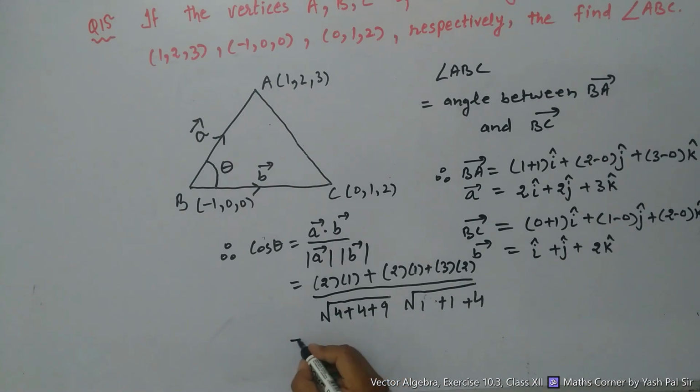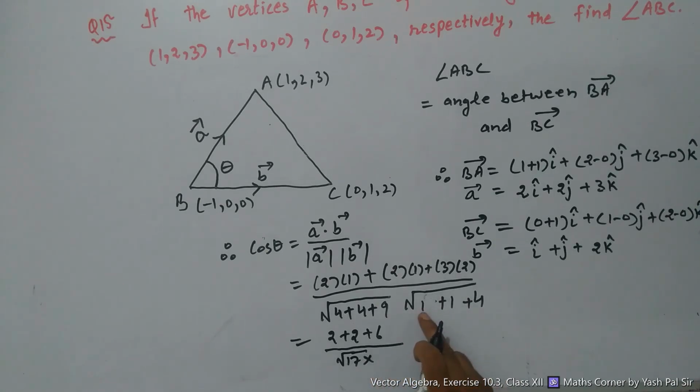So we have 2 plus 2 plus 6 divided by square root 17 into 6. This is equal to 10 upon square root of 102.